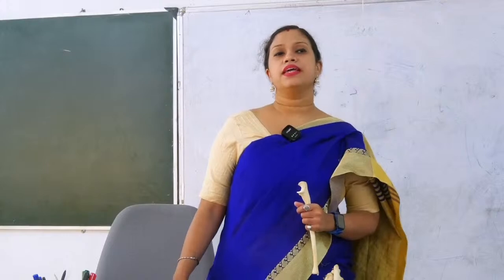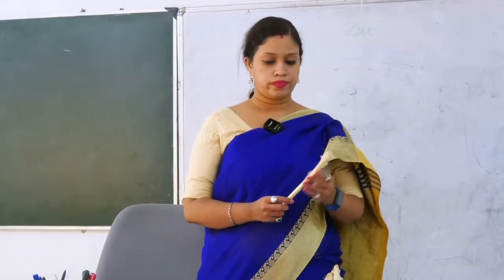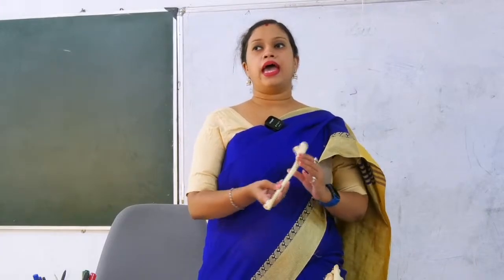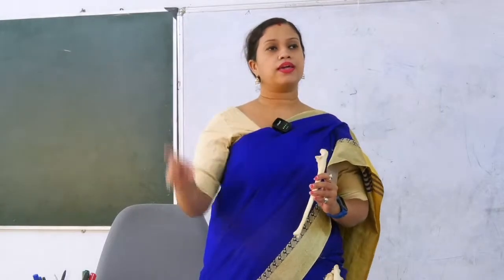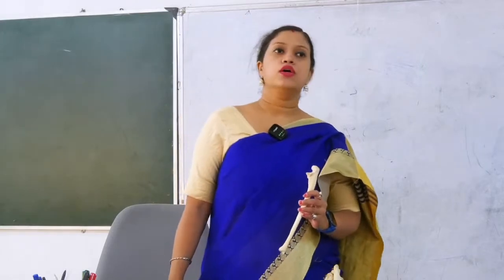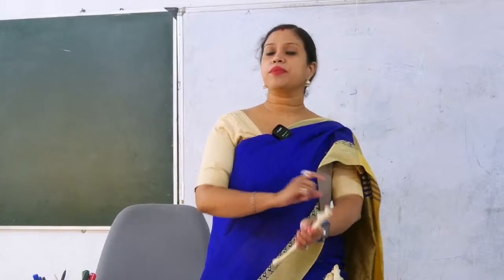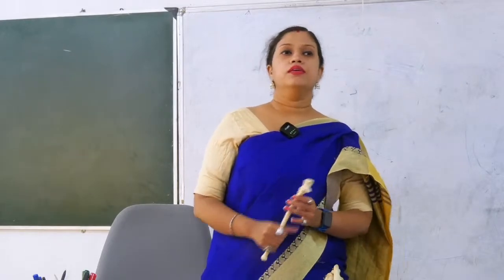And the third one is extensor indicis. Okay. And lower aspect you have to remember another muscle which is looking like a square. So that is known as pronator quadratus. If the pronator teres is present on the flexor aspect, pronator quadratus is present on the extensor aspect. Okay.